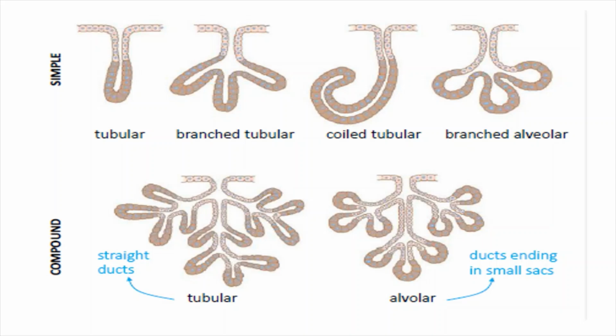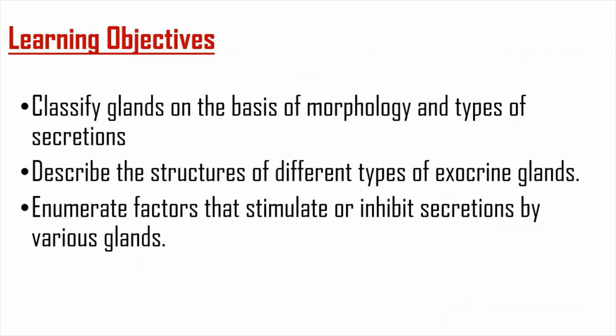So it's a compound tubular gland because its secretory portions here have got a tubular shape. And here the secretory portions have got an acini shape. So this is a compound alveoli gland. And the compound alveoli glands are mostly found in air sacs, which are found in the lungs.